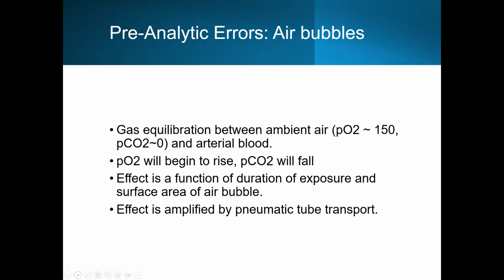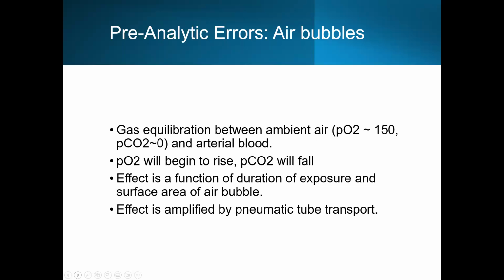So if the blood sample has a PaO2 of, let's say, 70, and has a big old air bubble, and is allowed to stay in contact for a long period of time, it will distort. It'll result in an abnormally higher, or inaccurately higher, PaO2.